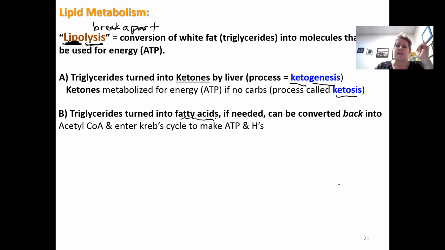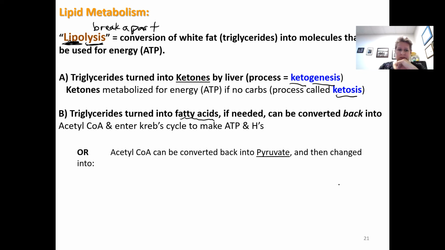Fatty acids can enter the bloodstream and the cells can take in fatty acids. Then they can convert it back into acetyl-CoA, and then back into pyruvate. Or it could take the acetyl-CoA and jump right into the Krebs cycle to make hydrogen ions. Then the hydrogen ions can enter the electron transport chain, and you've got ATP. So that is how fats are broken down and can be used for energy.